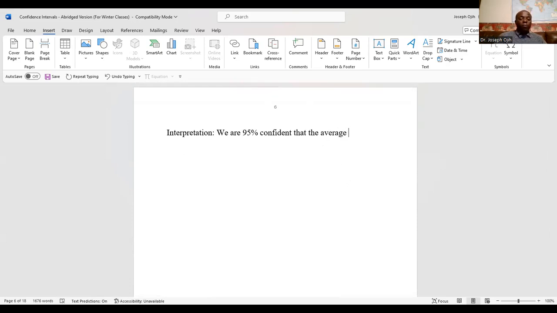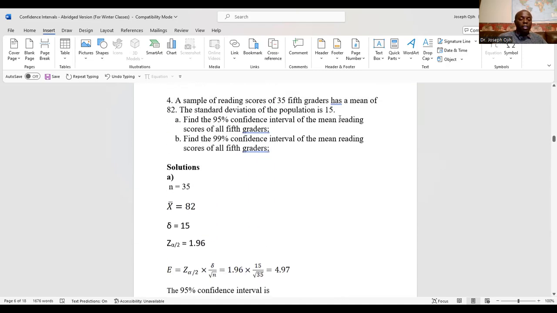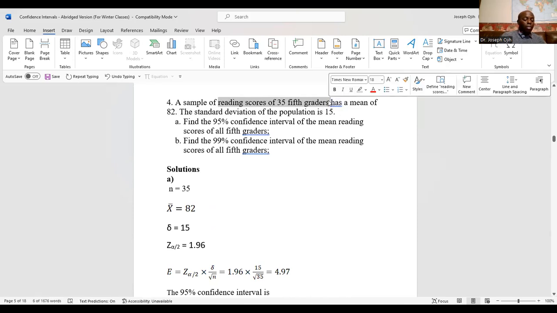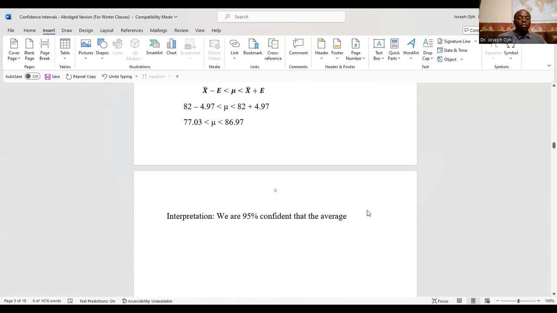We are 95% confident that the average reading score of all fifth graders lies between 77.03 and 86.97.